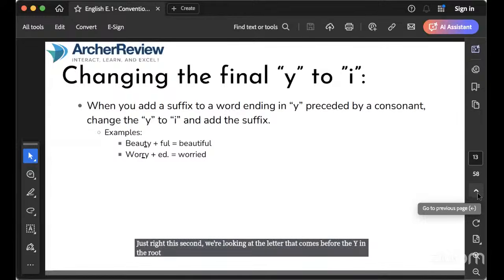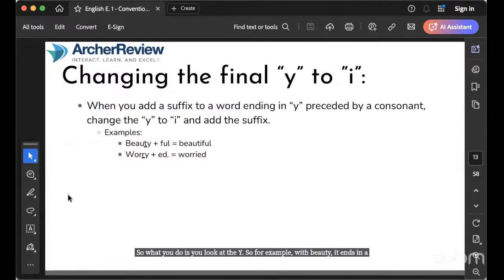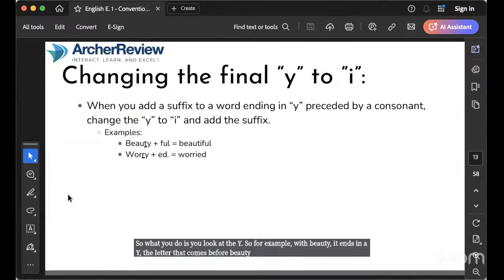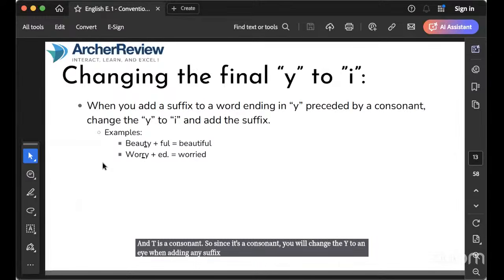So with Y ending words, how do you know when to change the Y to an I when you've got suffixes added onto them? What you do is you look at the Y. For example, with beauty, it ends in a Y. The letter that comes before the Y in beauty is T, and T is a consonant. So since it's a consonant, you will change the Y to an I when adding a suffix to the end of it.